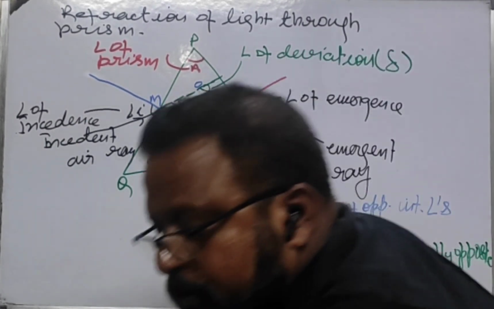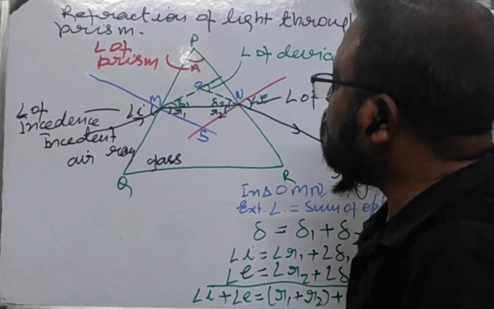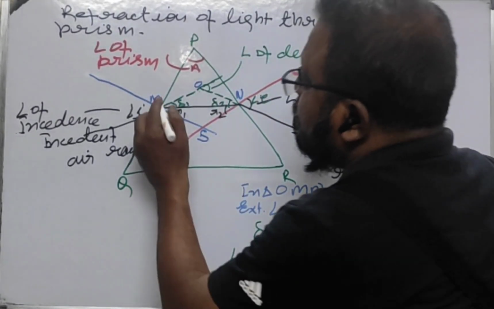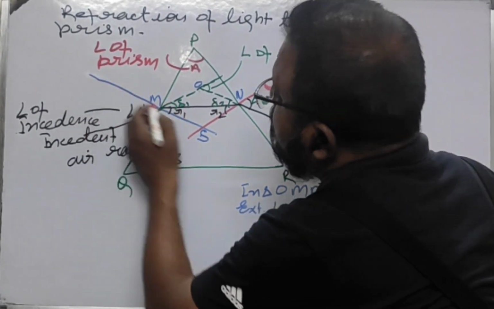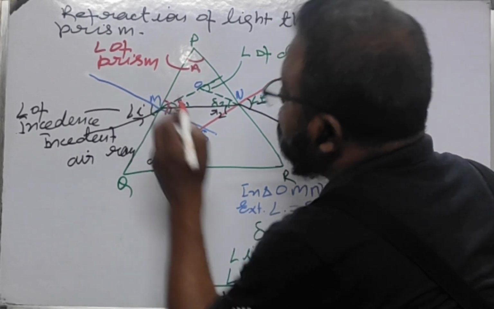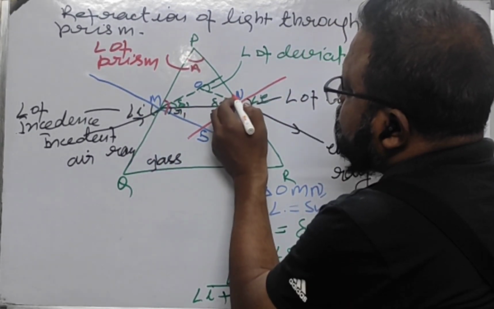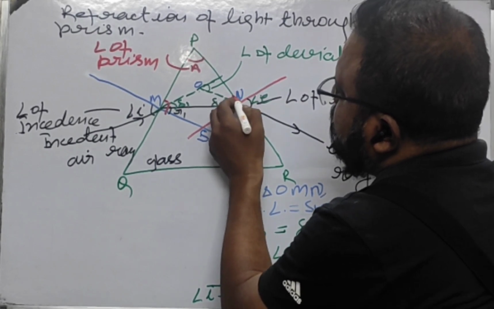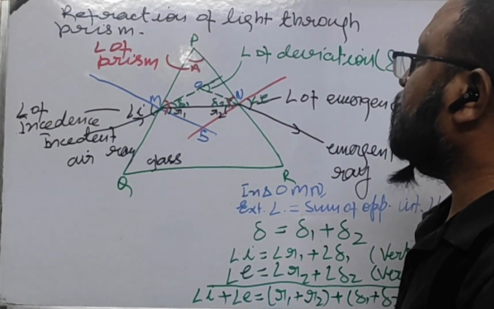Okay. So now you know this is normal to this surface. So this angle will be of 90 degree, and this is normal to the surface. So this will be of 90 degree, right?